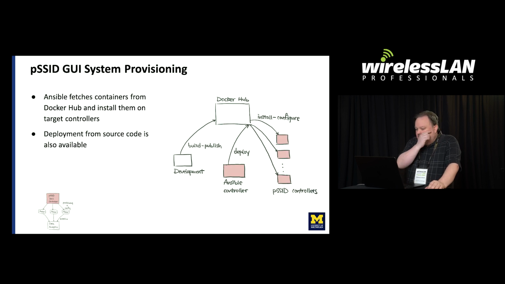And the web GUI probe provisioning is published as a Docker container, and we use Ansible to install that web GUI controller on VMs or hardware and make setup and provisioning of that as easy as possible.